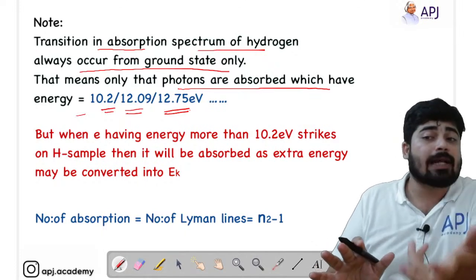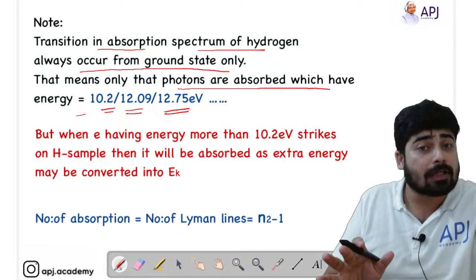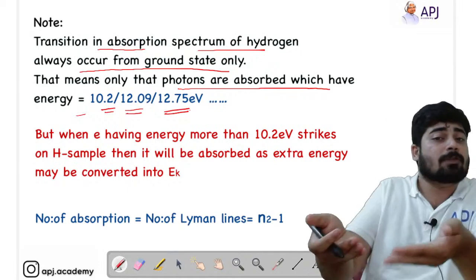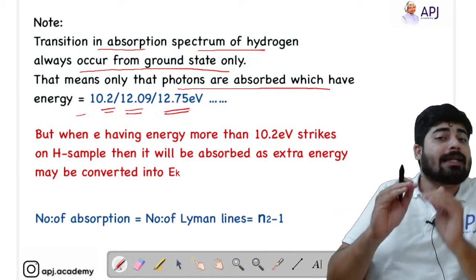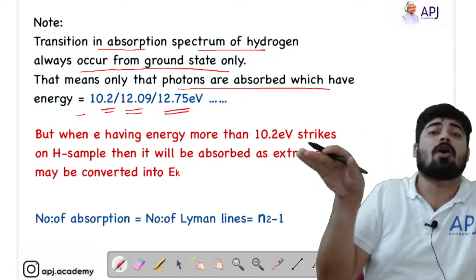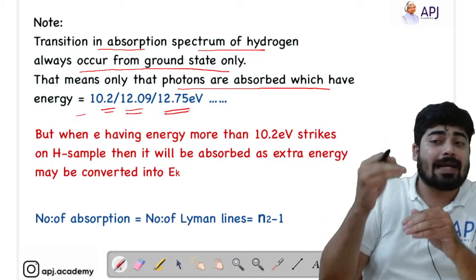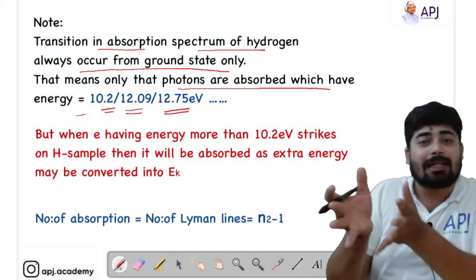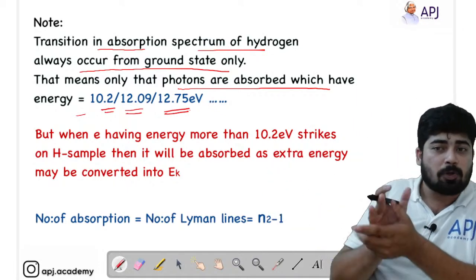If additional energy is present, then that is converted into kinetic energy for the movement of electrons. Because if it is fully absorbing that energy, it cannot excite to any orbit. It can only excite to that particular orbit according to the Bohr concept, which is an integral multiple of h by 2 pi.